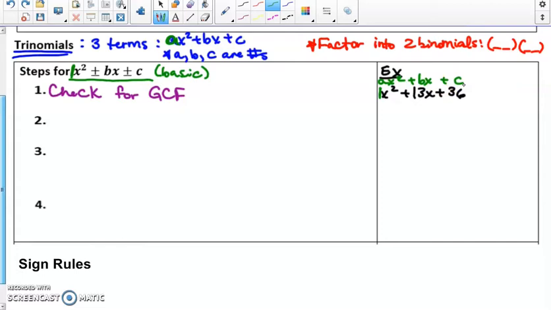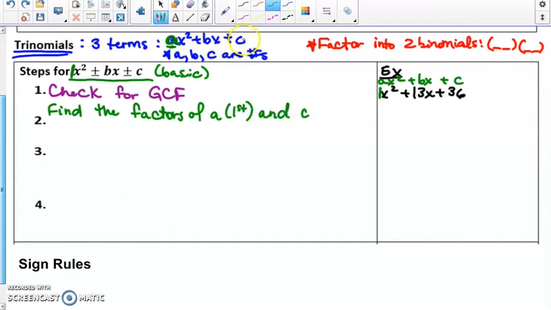So for step 2, we are now going to find the factors of a. If you remember, a is that first guy there in front, so first term, and c.